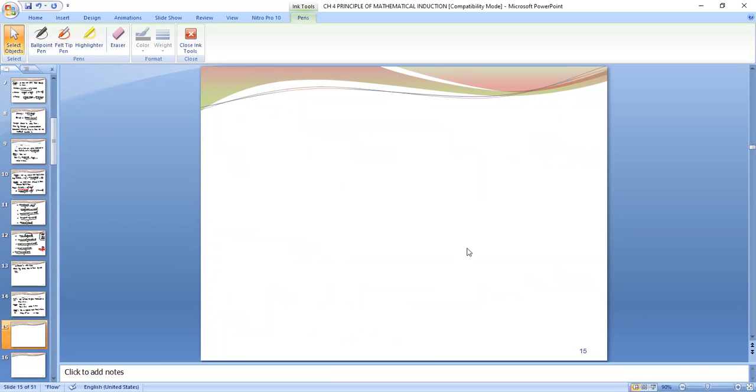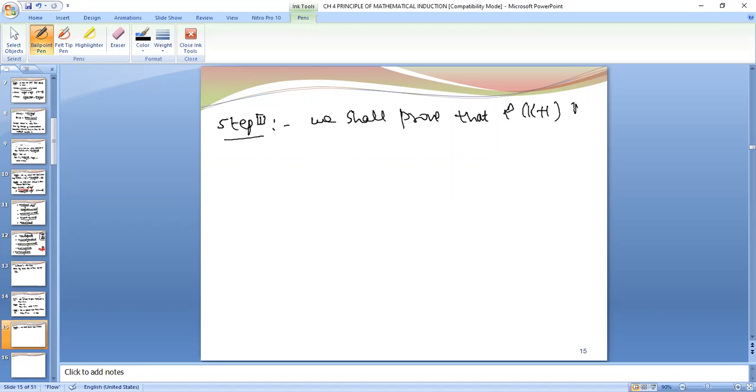Then third step. The third step in this question will be a bit different from the previous questions. We will see how. In this step, we shall prove that P of k plus 1 is true whenever Pk is true. P of k plus 1 will only be true if Pk is true.